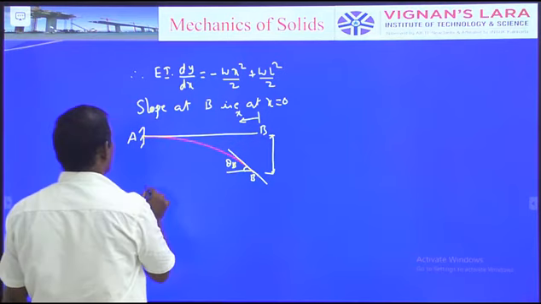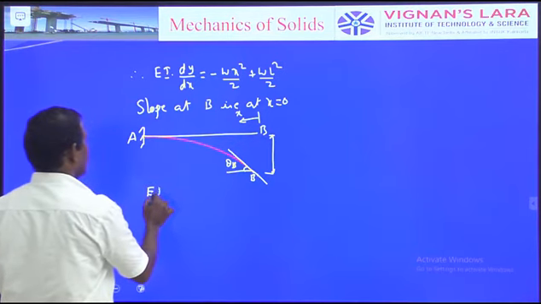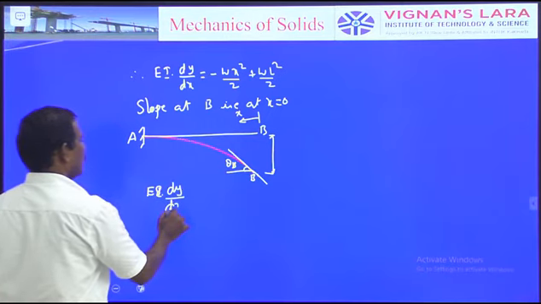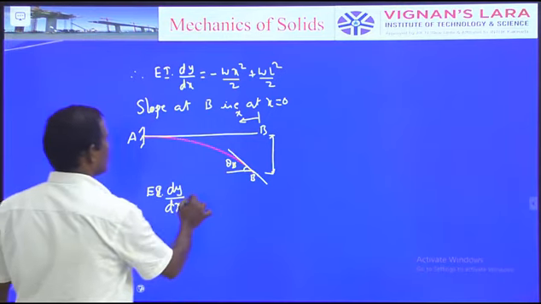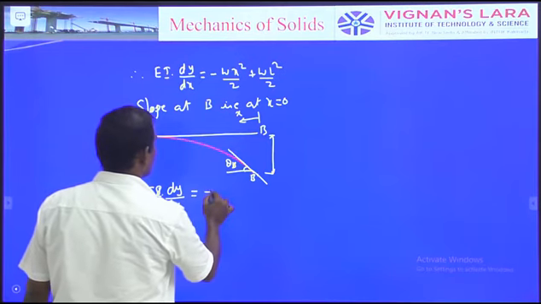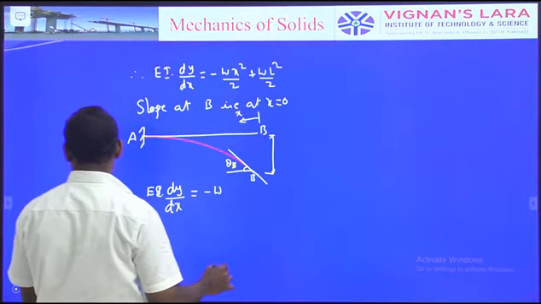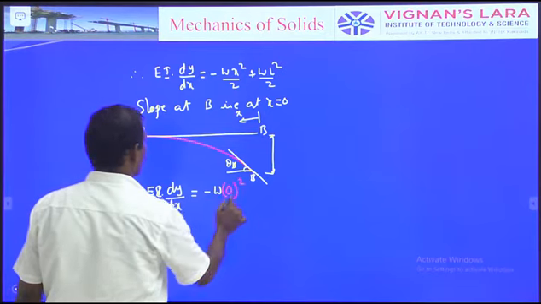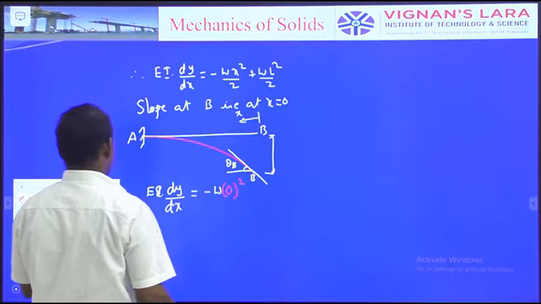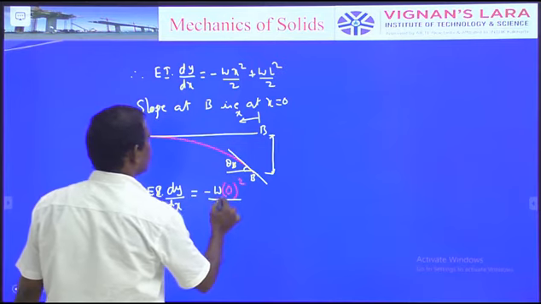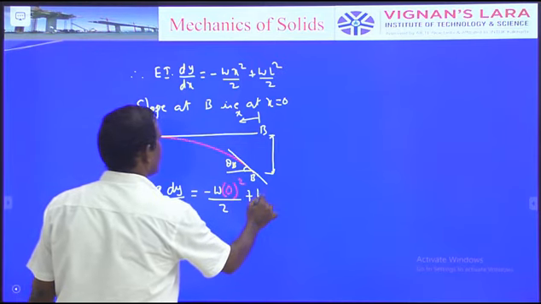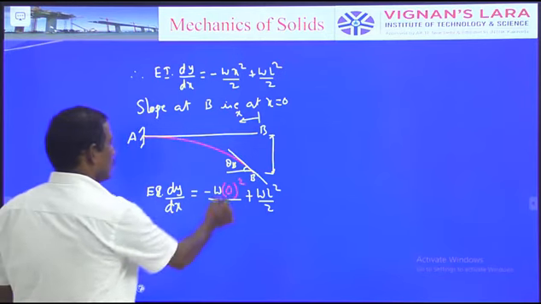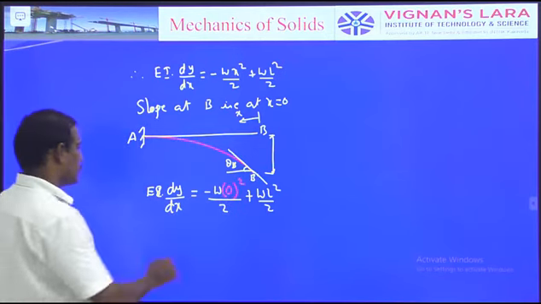Substitute in the above equation: EI into dy by dx is equal to minus w into 0 square divided by 2 plus wl square by 2. So this term becomes 0.